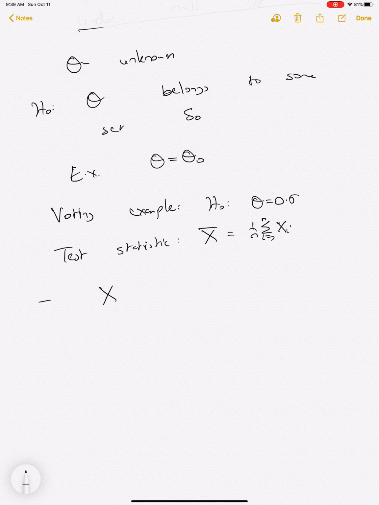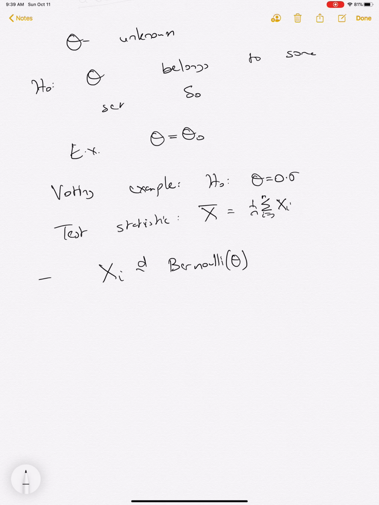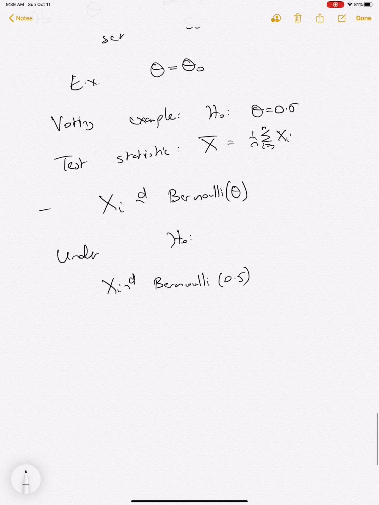A perfectly reasonable assumption would be that Xi is Bernoulli theta. So under H naught, Xi would be Bernoulli 0.5. And then for X bar, we are typically going to end up using the normal approximation, so it's going to be approximately normal.